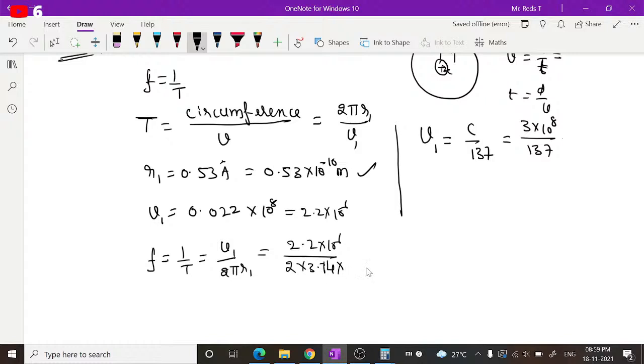So then you can simply take 2 into 3.14 into R1, which is 0.53 into 10 power minus 10.